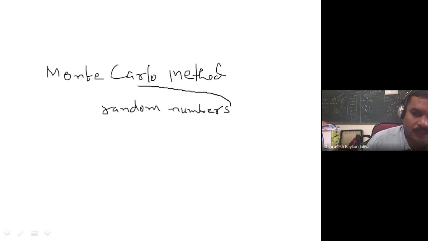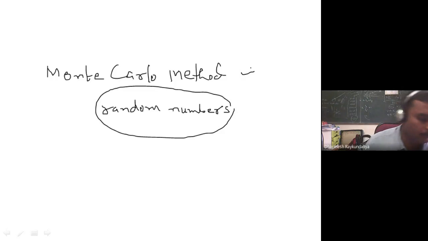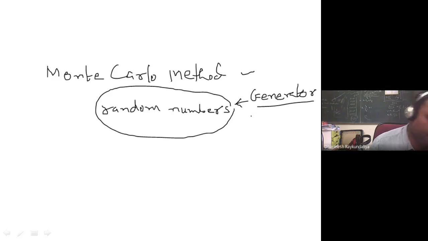So we say that random numbers are the heart of the Monte Carlo method. And to generate random numbers, we require a generator, so we call it a random number generator.